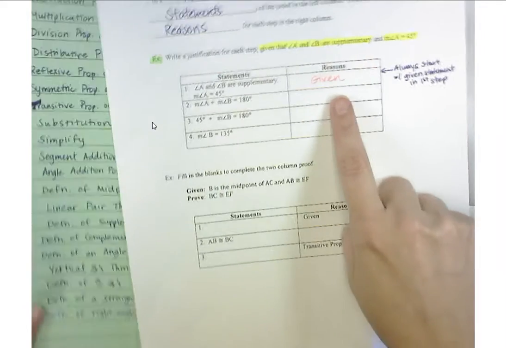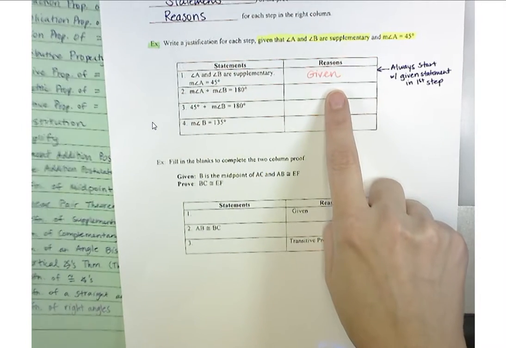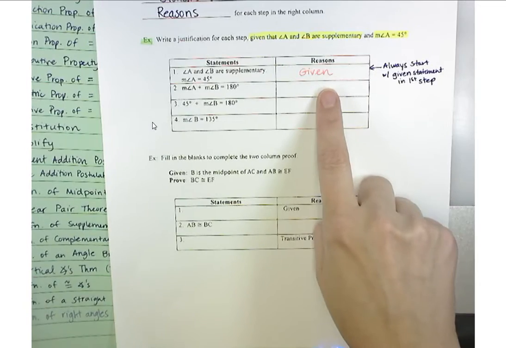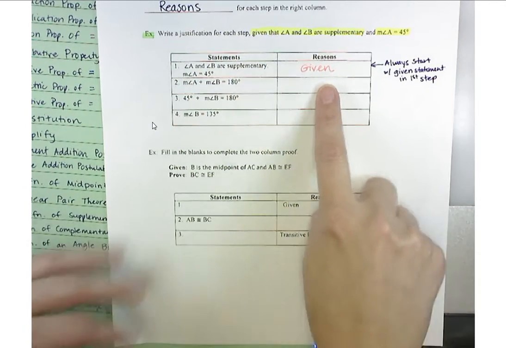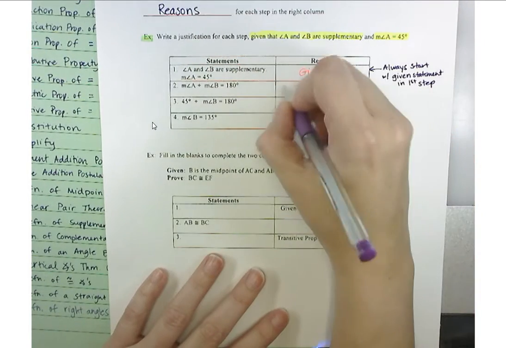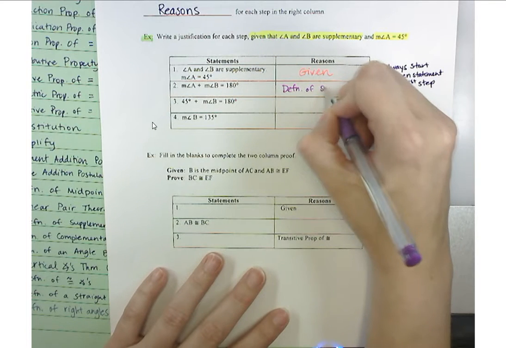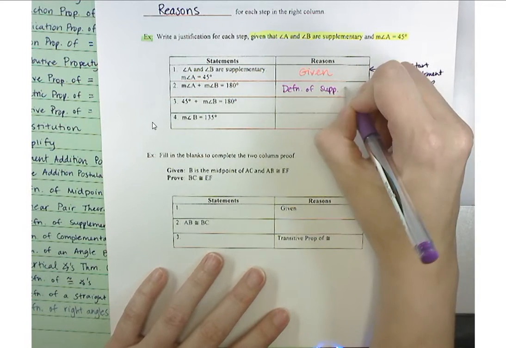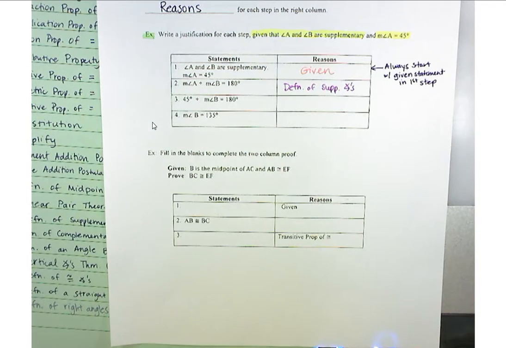Okay, do you guys have a guess about what would go here? Yeah, Matt? Definition of supplementary. Yep, exactly. So this is going to be the definition of supplementary angles. And you guys can go ahead and put sup, and then you can go ahead and put the abbreviation for angles. That's perfectly fine.